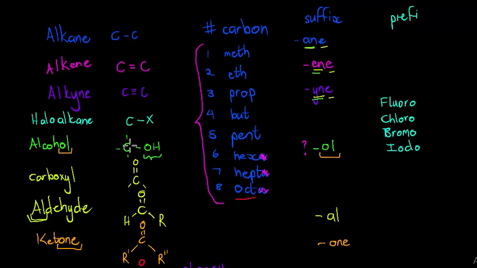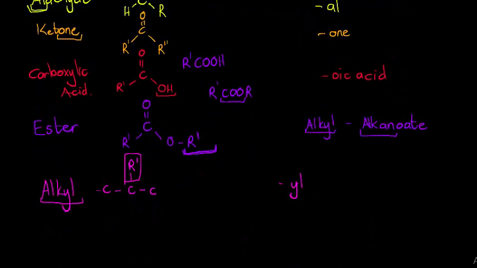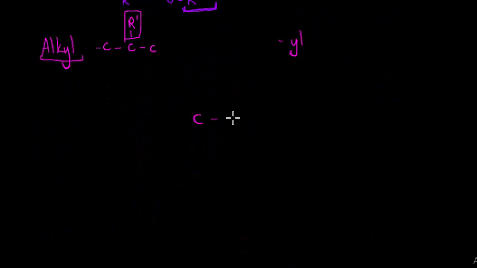Usually I would start numbering from the functional group, but what if it's someplace inside? Let me give an example, even though I don't want to give examples for the sake of it. For example, here I've got my hydroxyl group right there. How would I number?